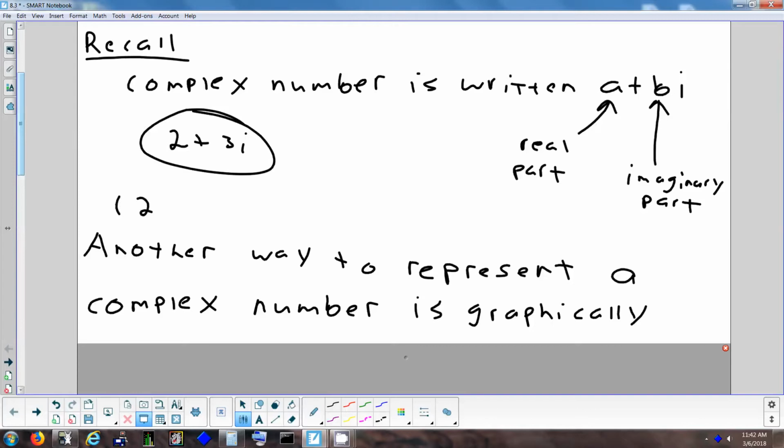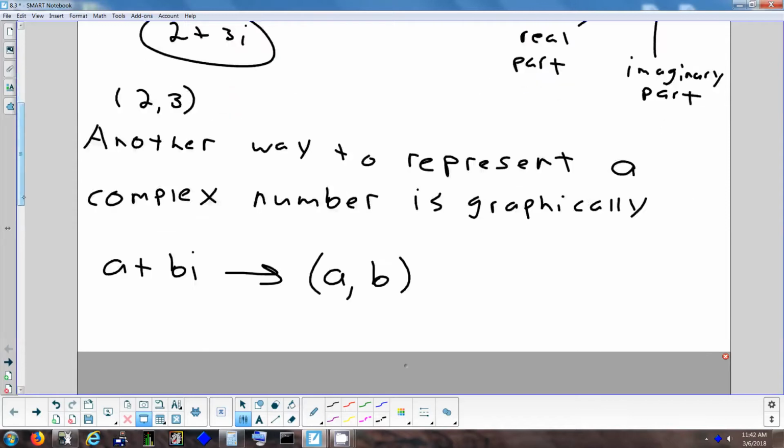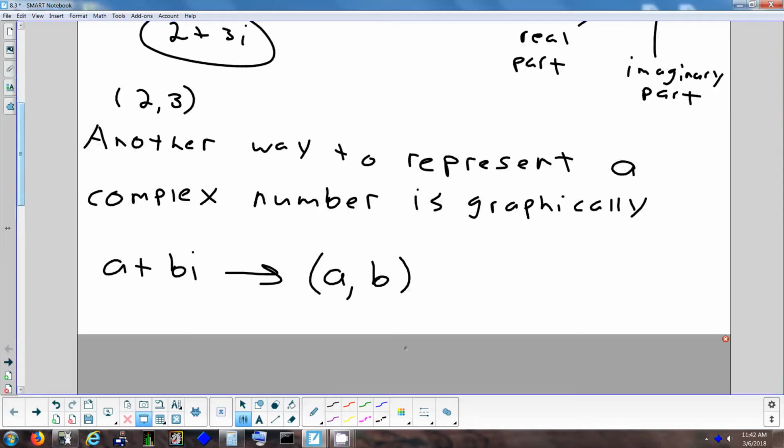If you can graph the coordinate 2, 3, you can graph 2 plus 3i. It's actually exactly the same thing. Okay? So I'm going to show you how to graph a complex number. Okay? Written just like that. Graphing a plus bi is just like graphing a comma b. It's exactly the same thing.